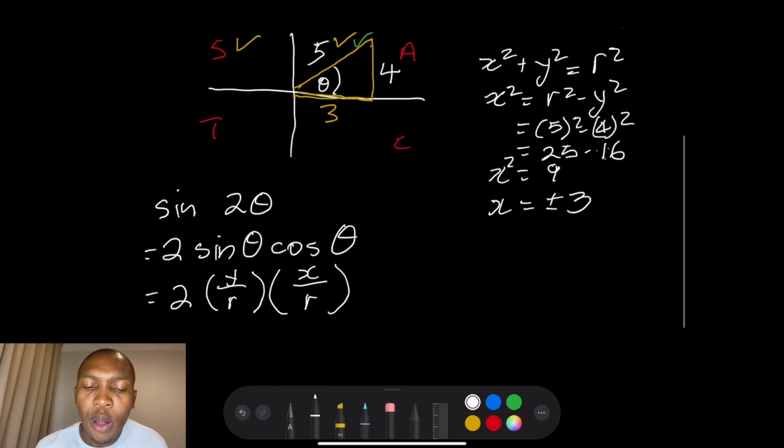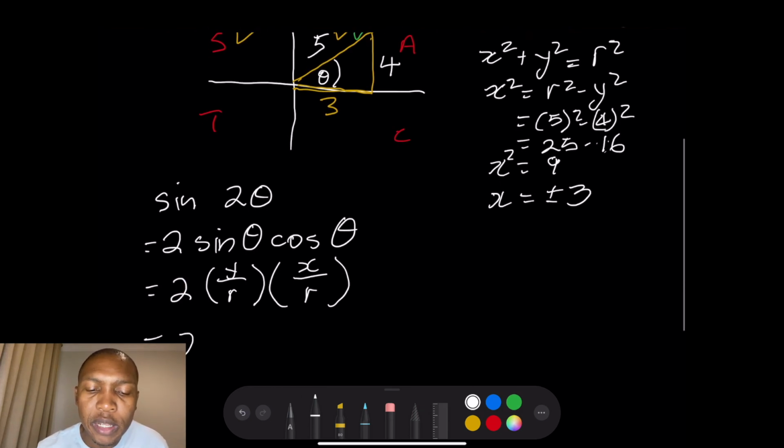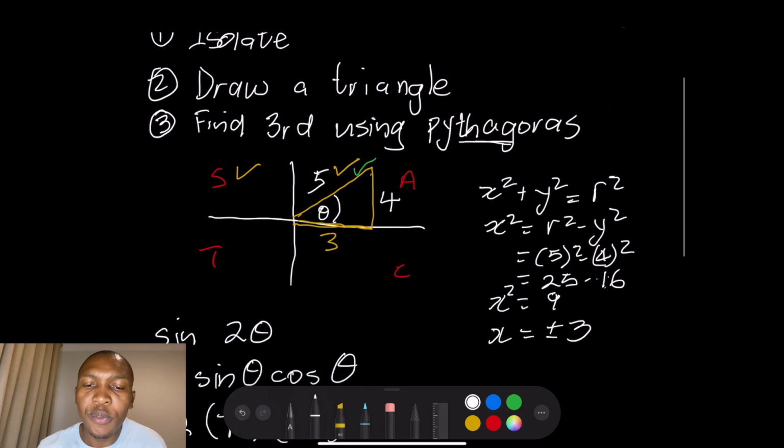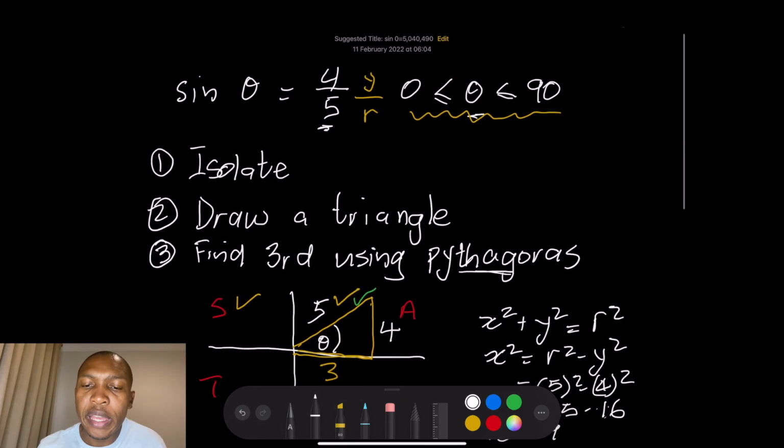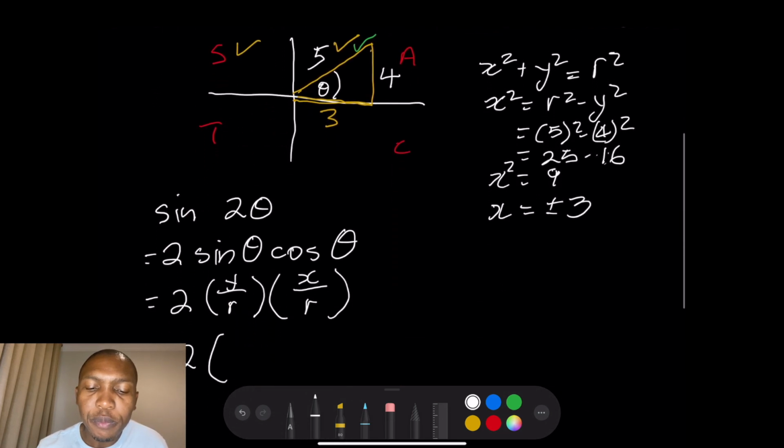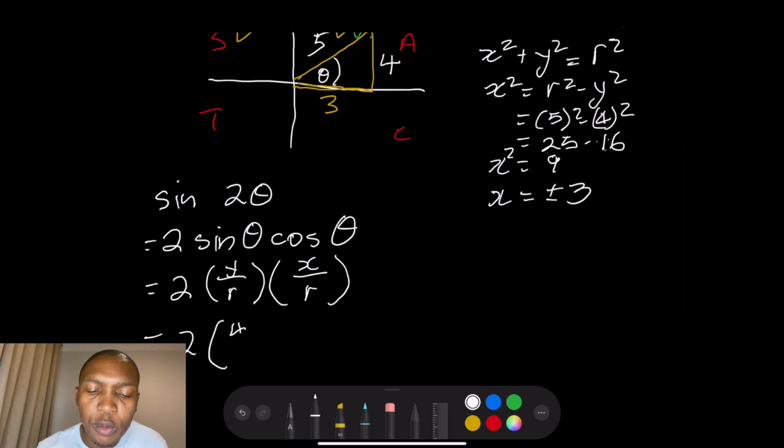Okay, so now let's try and express them in terms of those values that we have. We do have the sine of theta. We're given there, it's 4 over 5. So that's going to be 4 over 5. But what is cos of theta? Our x value is 3 and our r value is 5.